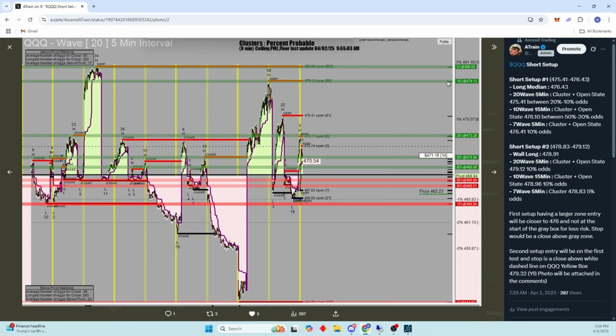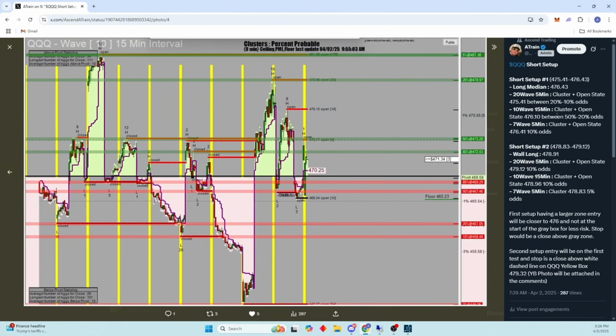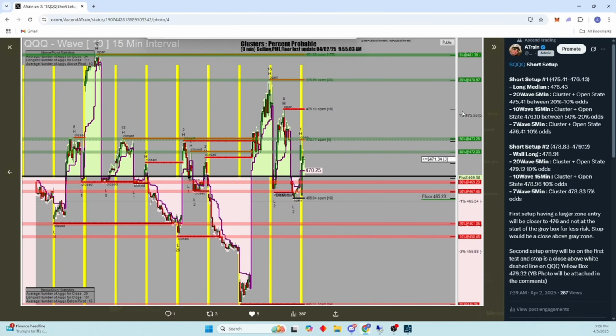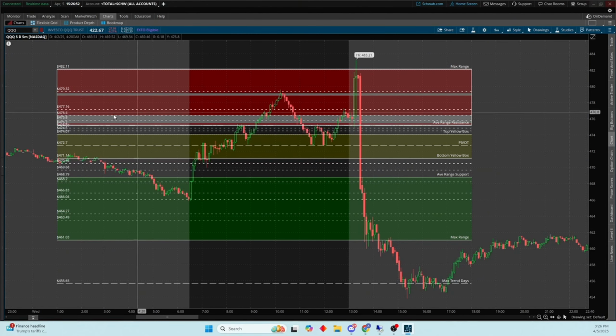And it was also between the 10 and 20% odds. On the 10-week 15-minute, you had a cluster plus open state at 476.10 right here. And then last up, on the 7-week 5-minute, you had a cluster plus open state and the 10% odds at 476.41 right here. So we marked that out as this gray zone here, and then you can also see we had these white dashed lines in between on our yellow box.